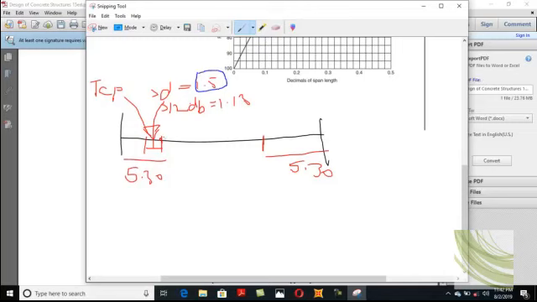So these are theoretical cutoff points, and this is now the actual cutoff point. The distance between these two theoretical points is the theoretical cutoff distance of the whole bars.